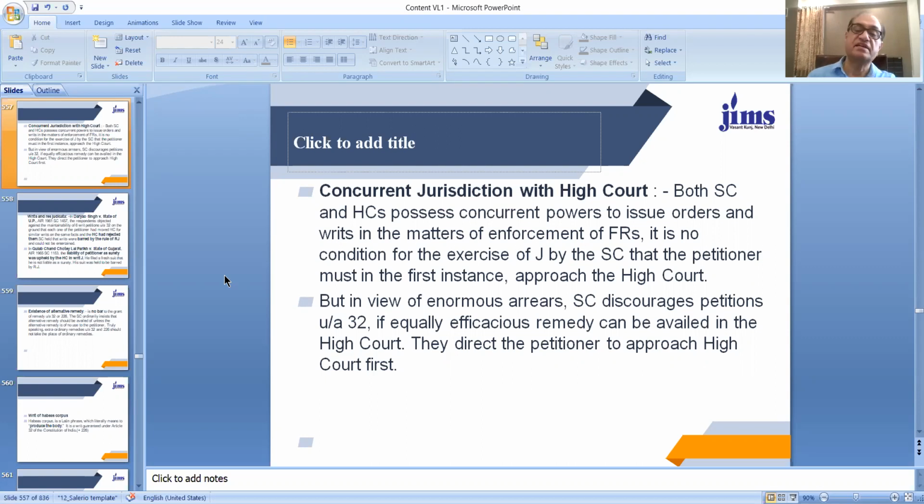It's not necessary that you go to the High Court first, then you will go to the Supreme Court. Jurisdiction is concurrent. But the latest trend nowadays is that if you file your writ straightway in the Supreme Court, and there are a lot of cases pending in the Supreme Court, the Supreme Court directs the petitioner to approach the High Court first. But legally speaking, their jurisdiction is concurrent.